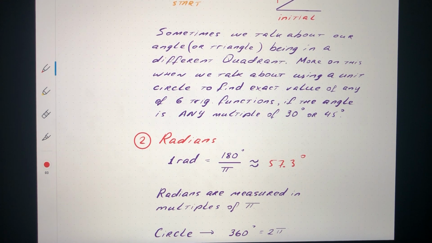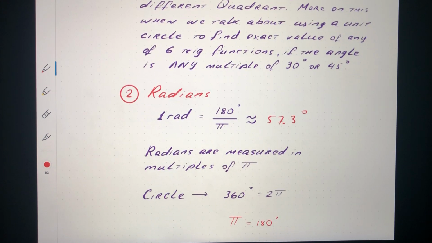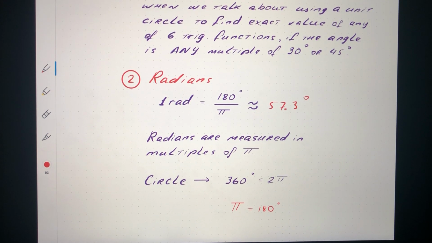Radians are measured using multiples of pi, and the circle has 360 degrees and it also has 2 pi. So if we take this equation and divide both sides by 2, that means 1 pi is equal to 180 degrees.